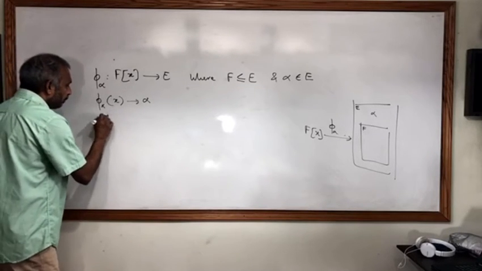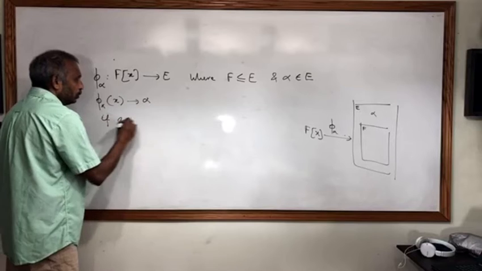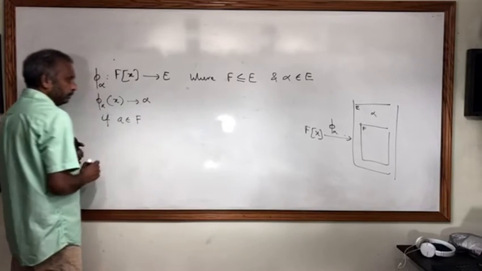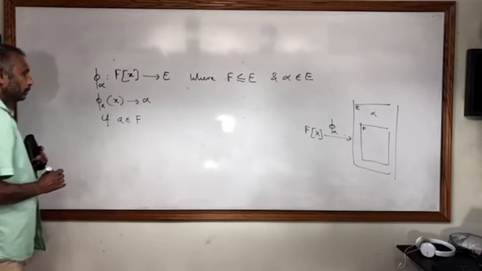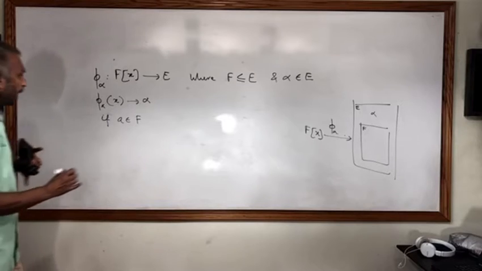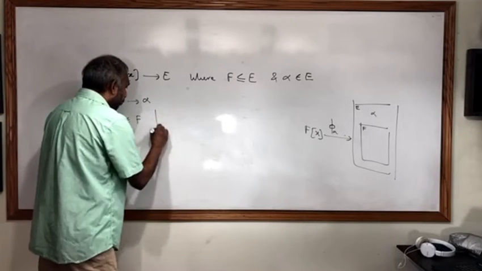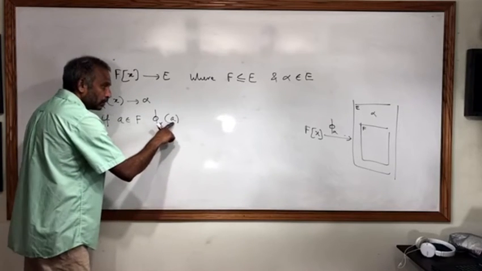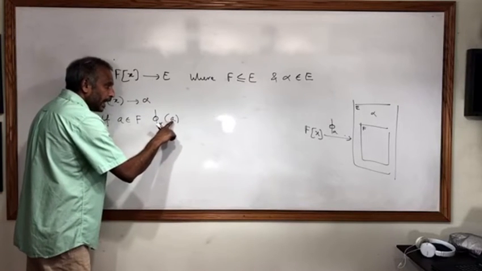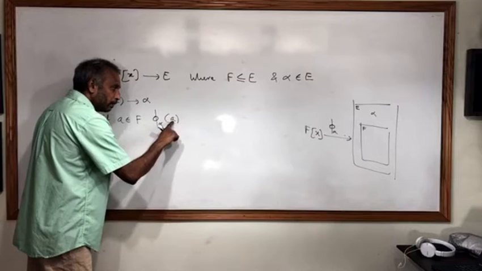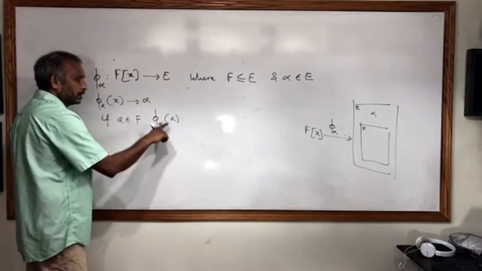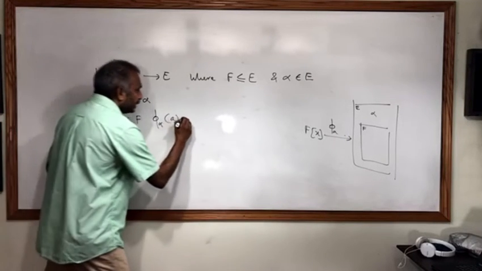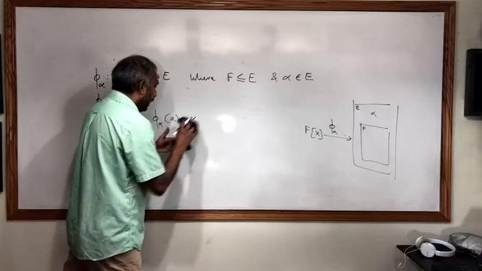And if a belongs to F, phi alpha of a belongs to F, meaning a is a constant polynomial in F[x], and that is equal to a.